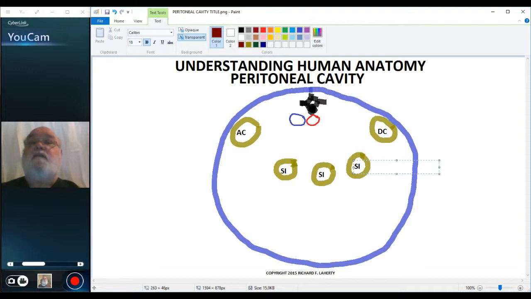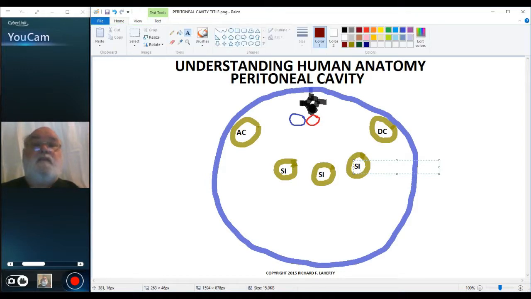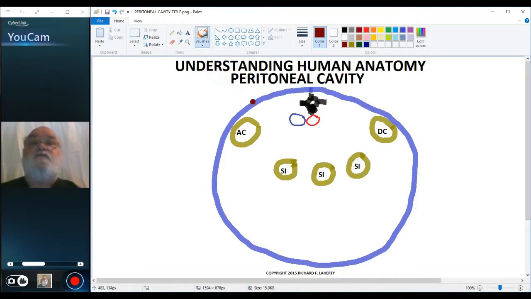And then I will draw in the peritoneum. So we're going to come out like so, and we're going to have the mesentery.